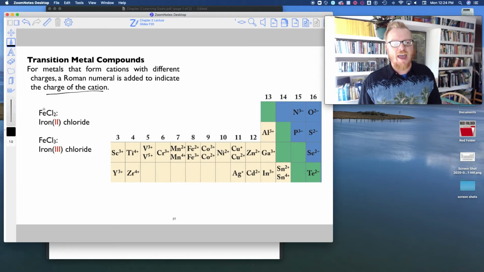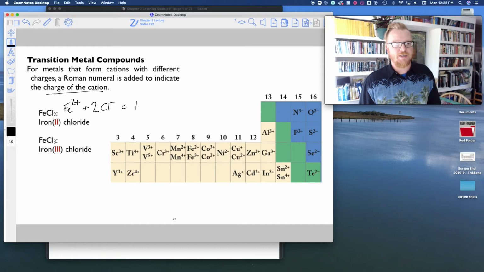So for example, if I have FeCl2, okay, we have to do a little bit of math to figure out the correct name. We know that chlorine becomes chloride, which is 1 minus, okay? And if I have 2 of those, right, if I have 2 chlorines, that means I have 2 minuses, okay? So that means my iron has to be 2 plus, okay?